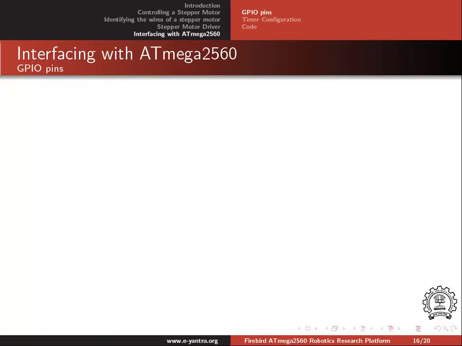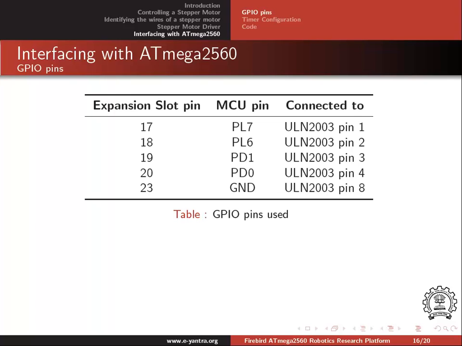We will now discuss how to interface the Firebird V robot with the stepper motor using this circuit. These are the Firebird V robot's expansion slot pins, which we are going to use to connect to the driver circuit shown previously. Expansion slot pin number 17, that is PL7, is connected to the ULN2003 driver IC's pin number 1.